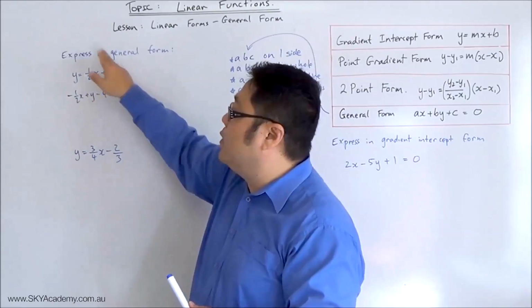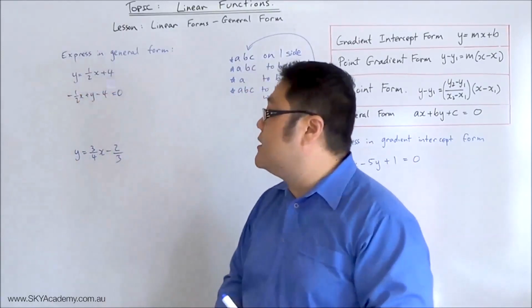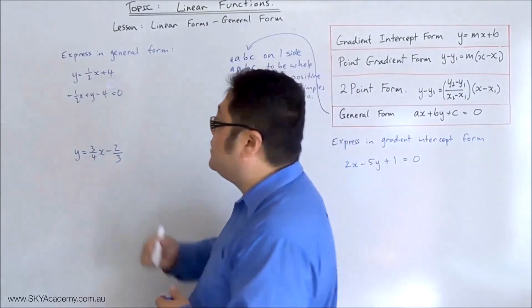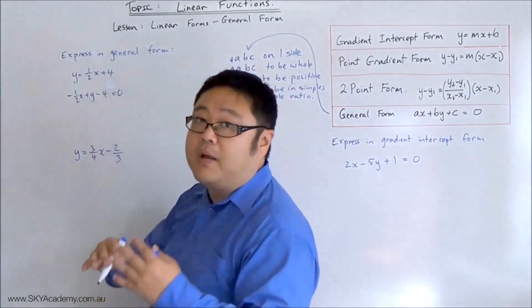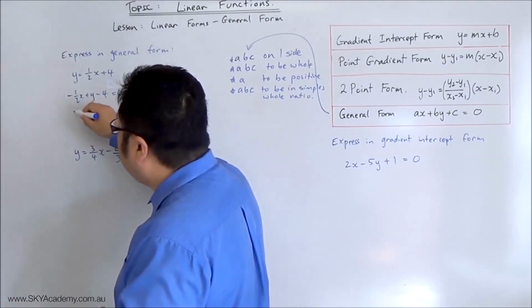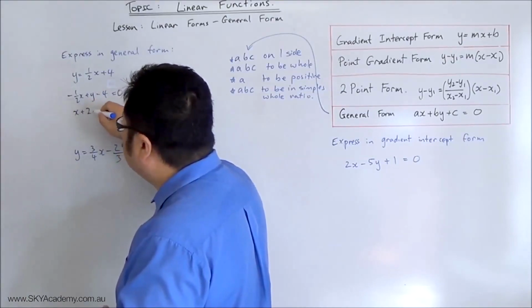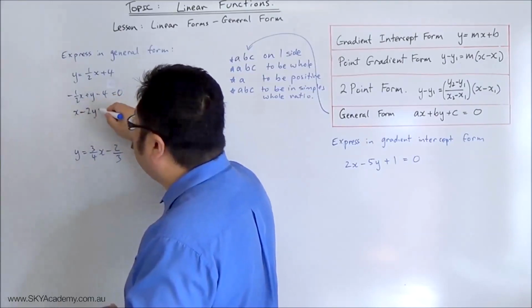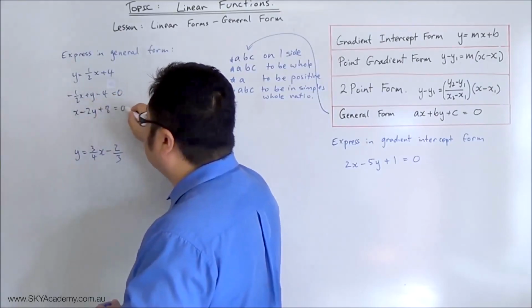This and this, when we move it across, need to change signs. It needs to be whole numbers, so let's multiply by negative 2 in fact, and so we get x minus 2y plus 8 equals 0.